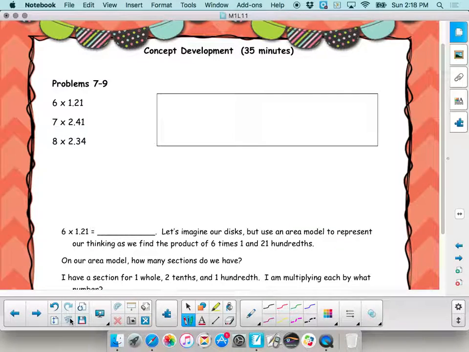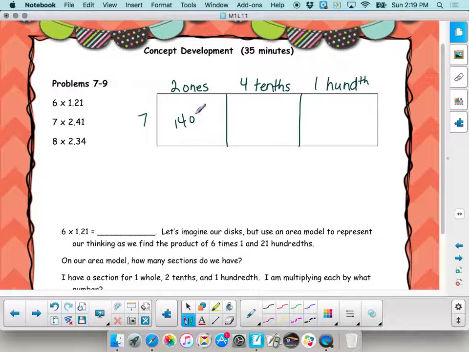So on the back of your paper, you're going to do 7 times 2 ones, 4 tenths, and 1 hundredth. Okay, so 7 times 2 is 14 ones. 7 times 4 is 28 tenths.